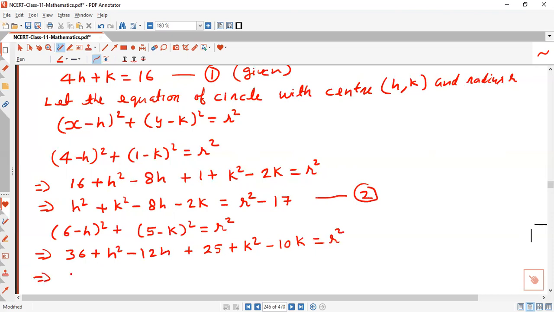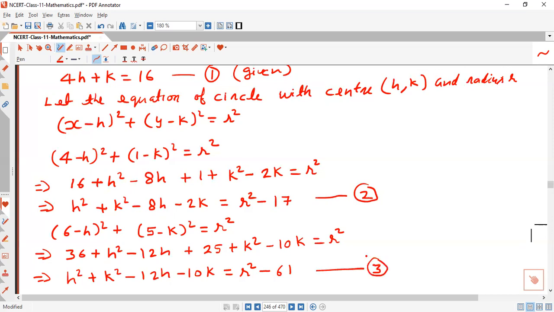Simplify: h square plus k square minus 12h minus 10k, and taking the constants to the right-hand side, r square minus 36 plus 25, which comes out to 61. So r square minus 61. This is equation number 3.